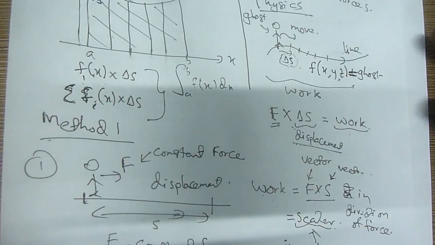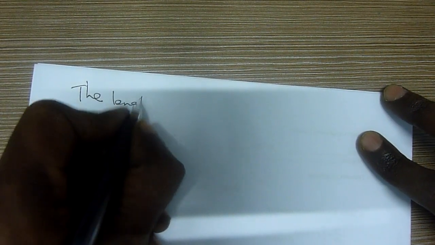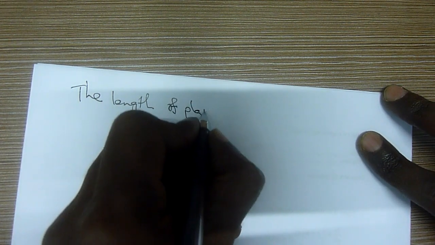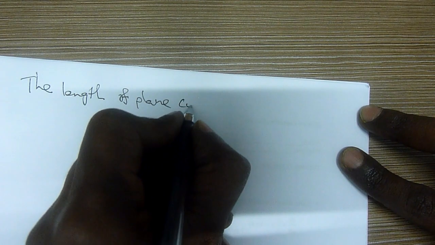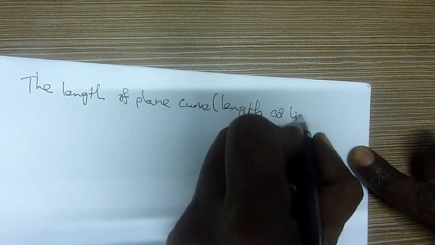Therefore, let me cover a little bit about the length of a plane curve. This is very important to know. I'm not deviating; I just want to cover additional information that will help you understand the whole calculation, the length of the line.